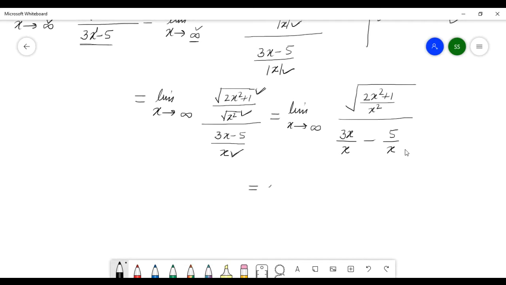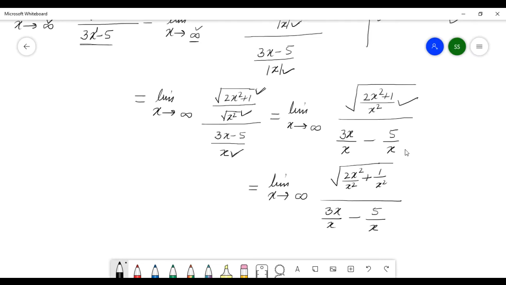And this is equal to the limit as x goes to infinity. See this inside: 2x square divided by x square plus 1 divided by x square. Same here: 3x divided by x and minus 5 divided by x.